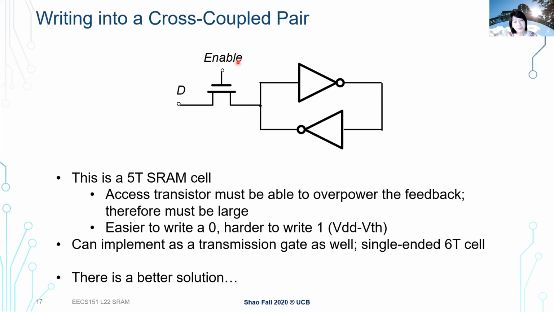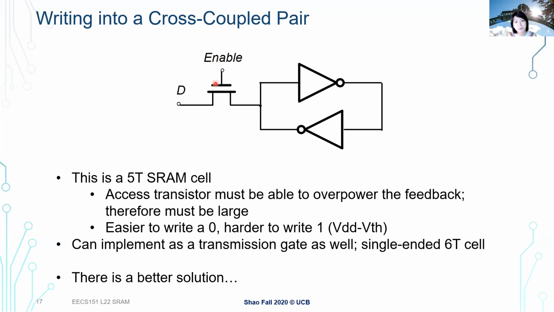Looking at this, you may notice it looks very similar to what we saw when we first discussed NMOS and PMOS earlier. We mentioned NMOS is really good at passing 0, while PMOS is really good at passing 1. That's why we always put NMOS in the bottom pull-down network so that we can pull down to 0, and PMOS on the top as part of the pull-up network so that we can pull up to 1.